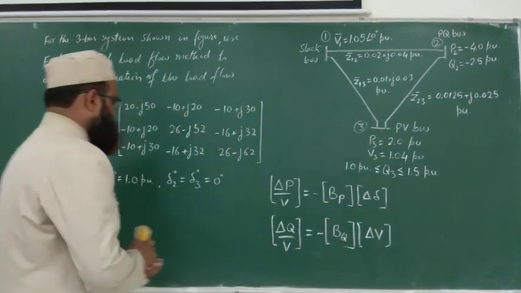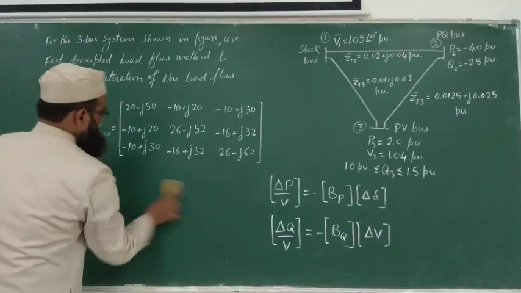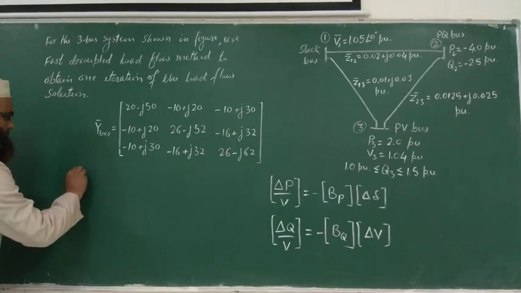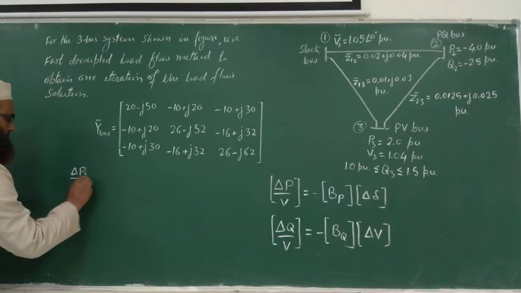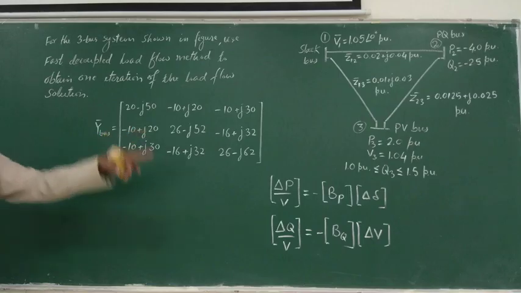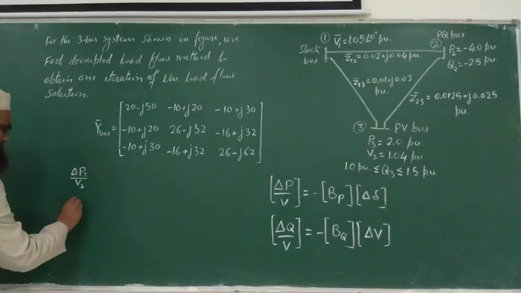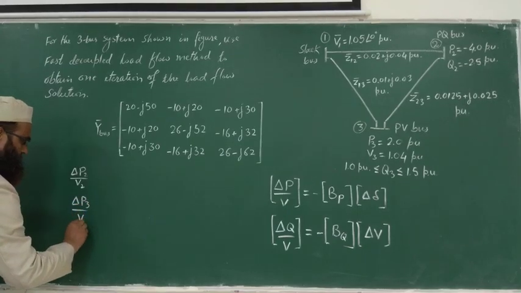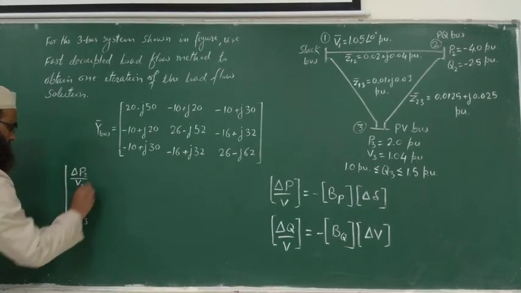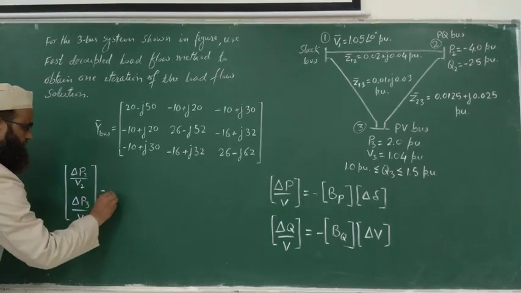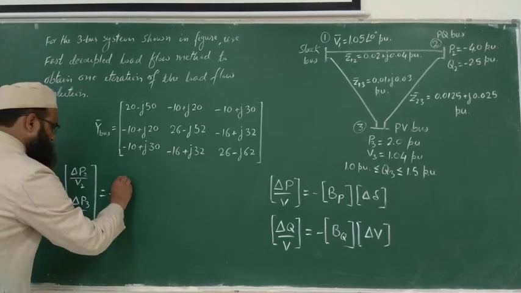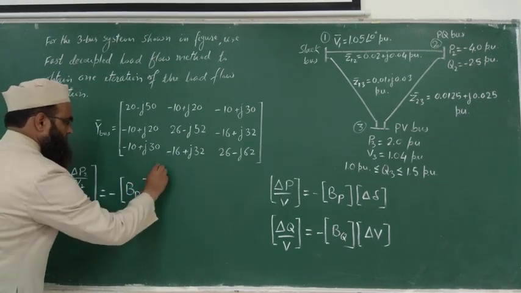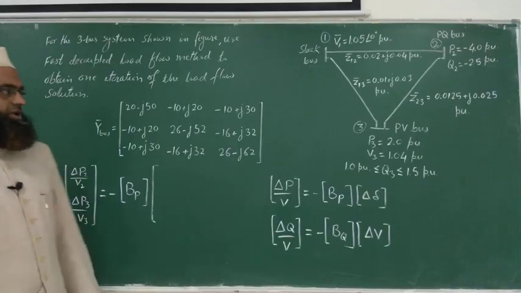So corresponding elements will be del P2 upon V2 for P2, and for P3 we will write del P3 upon V3 will be equal to negative of that matrix represented by BP times, what about variables?